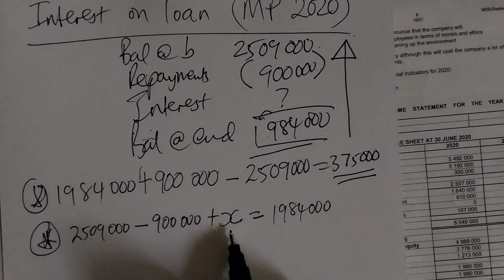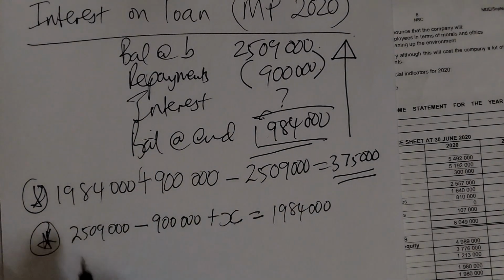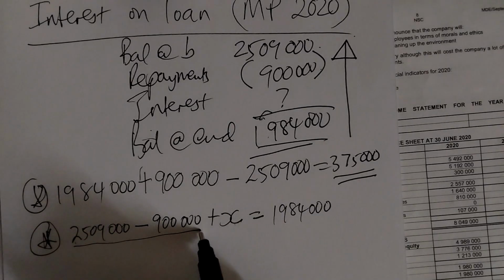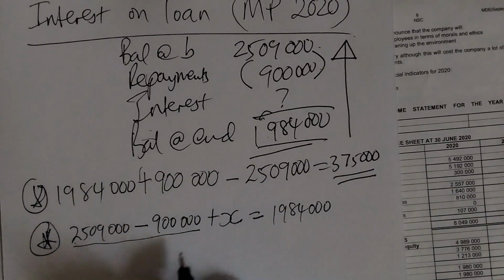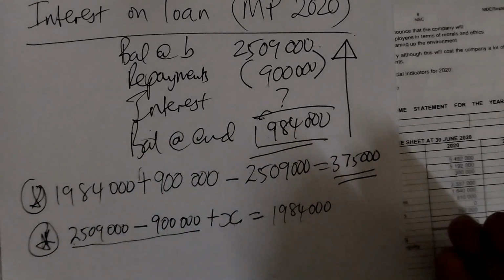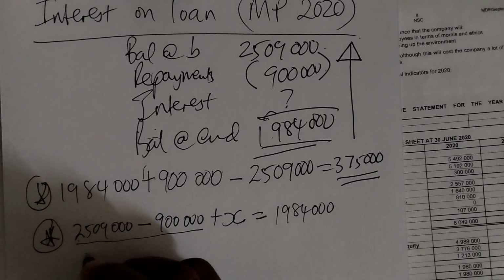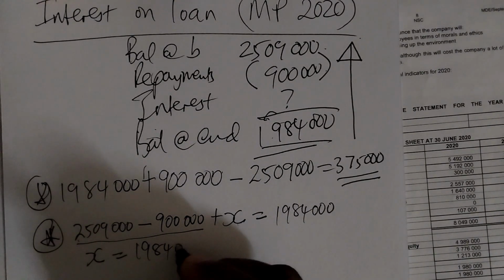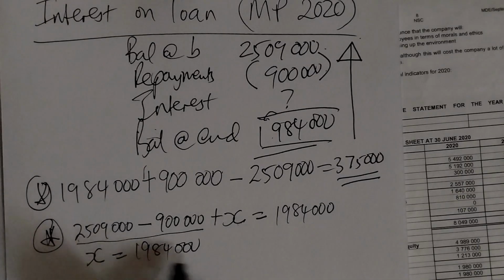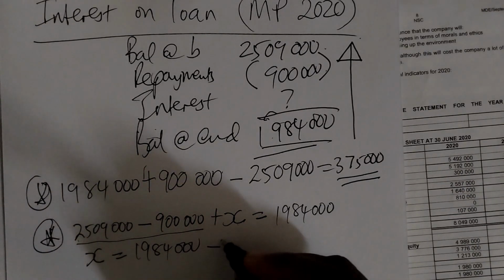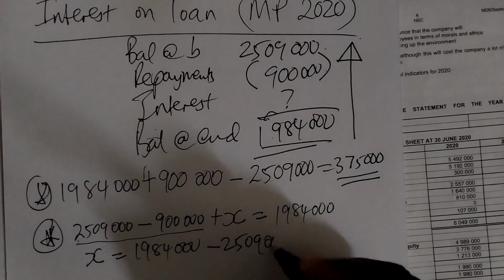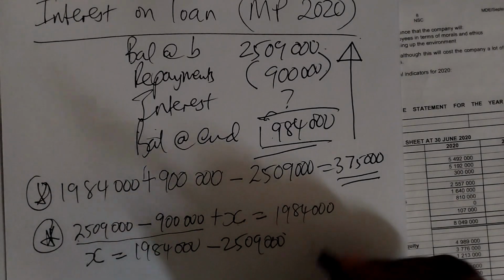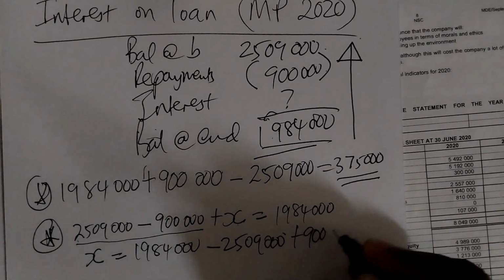Then you have to make X the subject of the formula, meaning these two figures need to cross the equal sign, and we know that when a figure crosses the equal sign, it changes its sign. So for me to get X, I'll say 1984,000. This must cross the equal sign, which makes it a negative 2,509. This, when it crosses the equal sign, becomes plus 900.